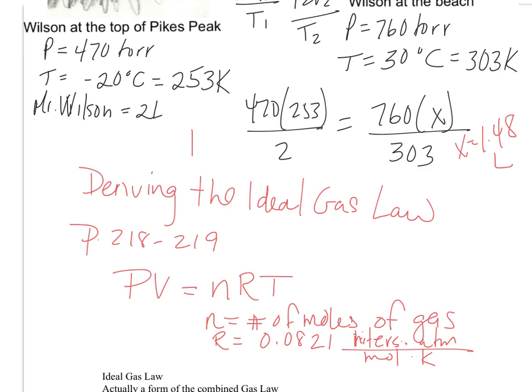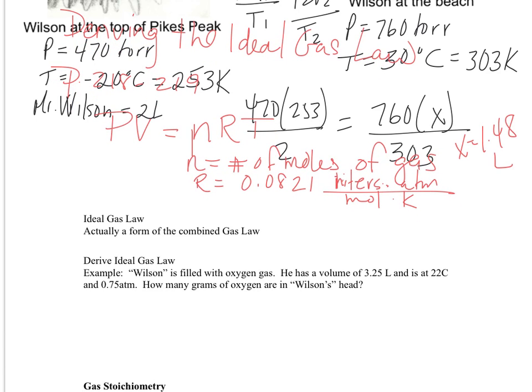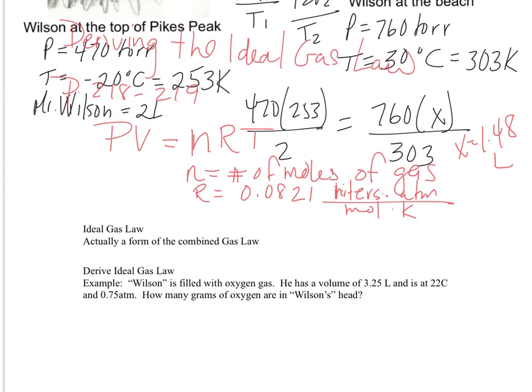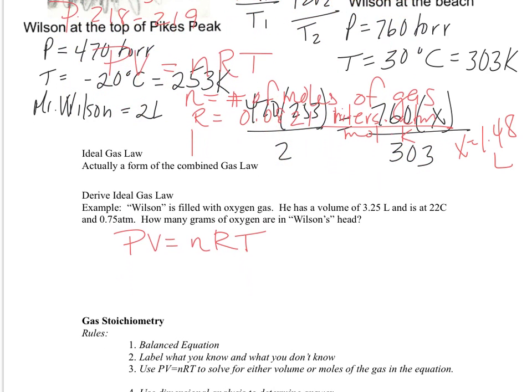All right, so let's try a problem here. Example: Mr. Wilson is filled with oxygen gas. He has a volume of 3.25 liters at 22 Celsius and 0.75 atmospheres. How many grams of oxygen are in Mr. Wilson's head? Yay. All right, so PV equals nRT. So what do we know here about this problem?